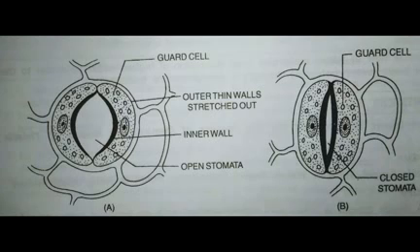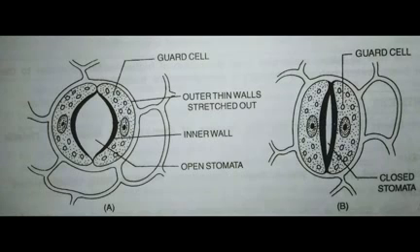Again, the food prepared by the leaves is transported to various parts of the plant for the purpose of storage or consumption through phloem. In plants, the transport system mainly consists of tube-like structures, xylem and phloem, organized in different ways in different plants.